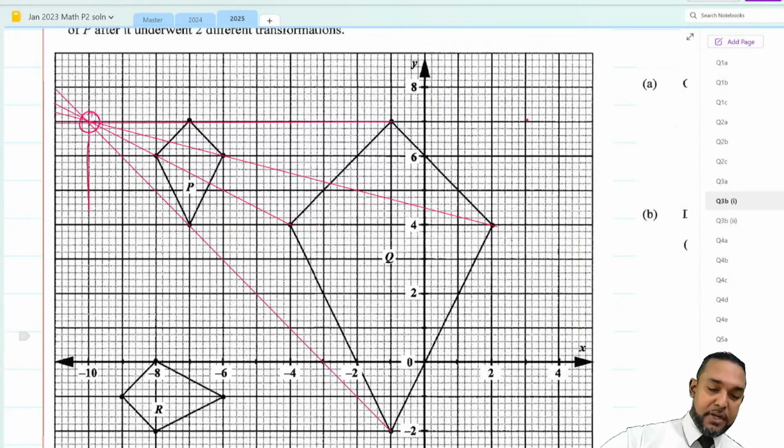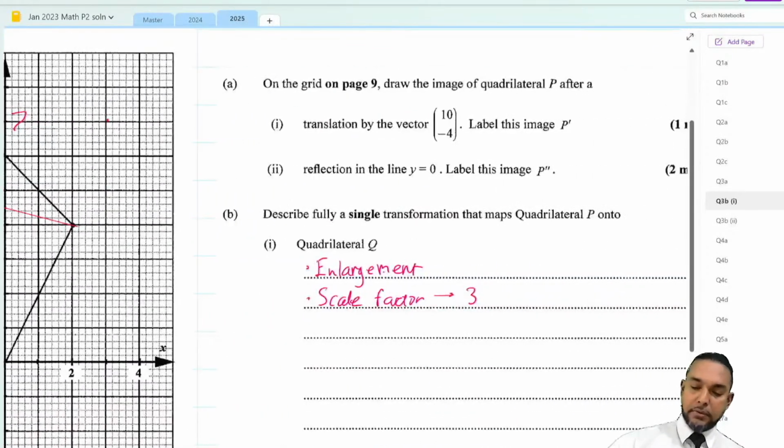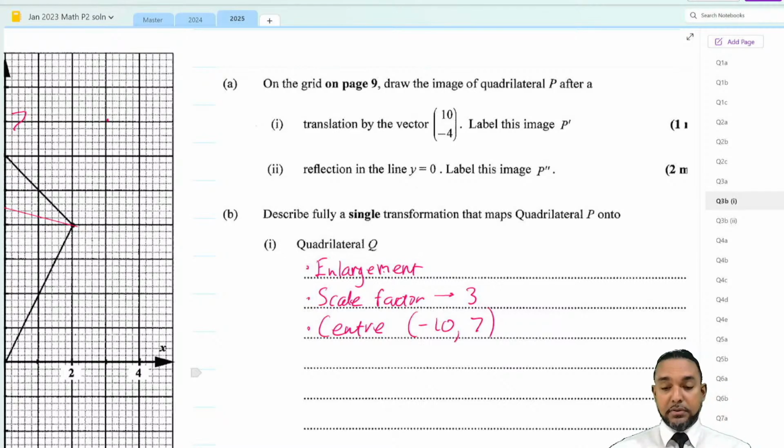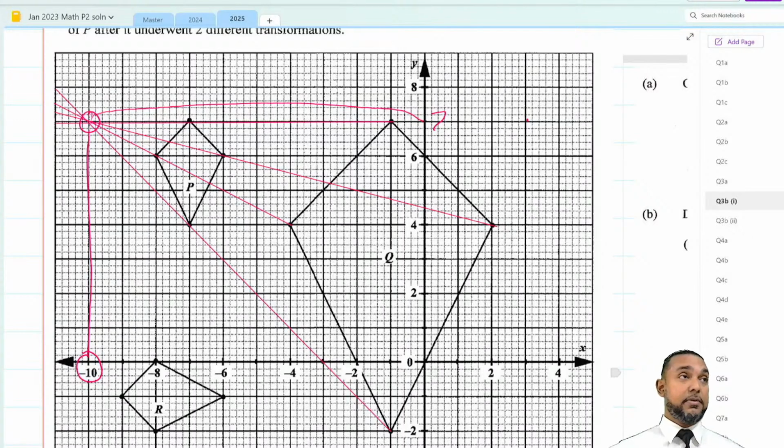If you read down to the x, that's minus 10, and across to the y, that's 7. So the center is minus 10, 7. Right. That's how we fully describe the enlargement. It says an enlargement, give the scale factor, and give the center of enlargement.